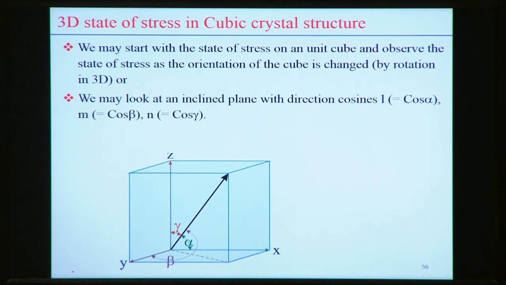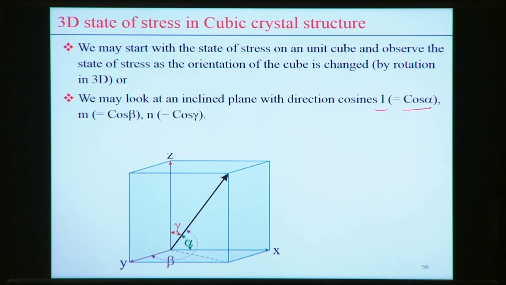Now we come back to what the different types of stress state are in the case of a cubic crystal structure. Maybe we can start with the stress state on the unit cube and observe that the orientation of the cube is changed by rotation in 3D, or we can look into an inclined plane with direction cosines L, M and N. The direction cosine L is defined as cos alpha, where alpha is the angle between one specific direction, basically the diagonal direction, and the reference.